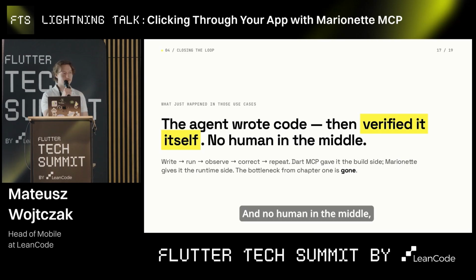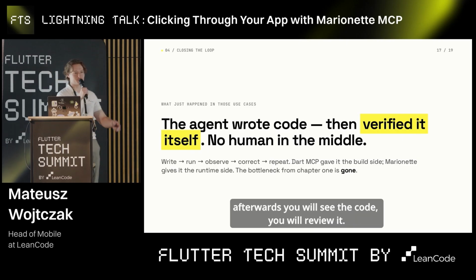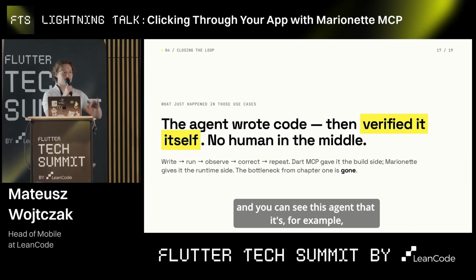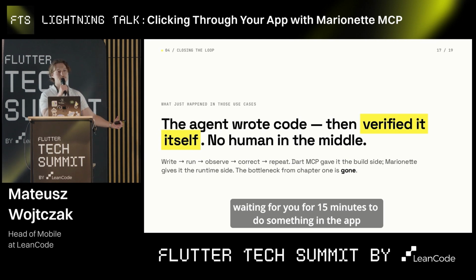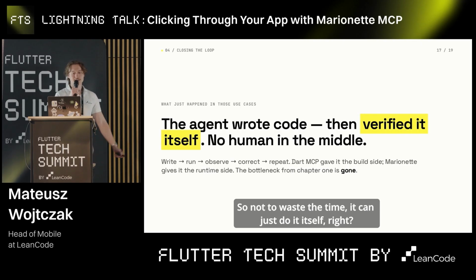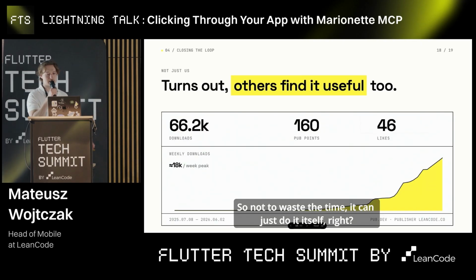And no human in the middle, but human in the loop, of course. Afterwards, you will see the code, you will review it. It's just that you don't want to be interrupted and see this agent waiting for you for 15 minutes to do something in the app and you forgot about it. So not to waste the time, it can just do it itself, right?